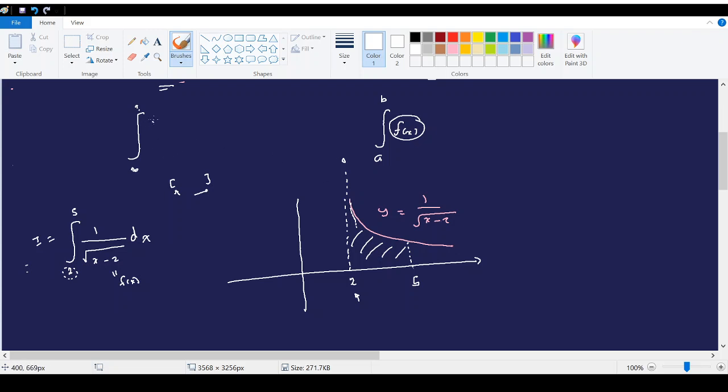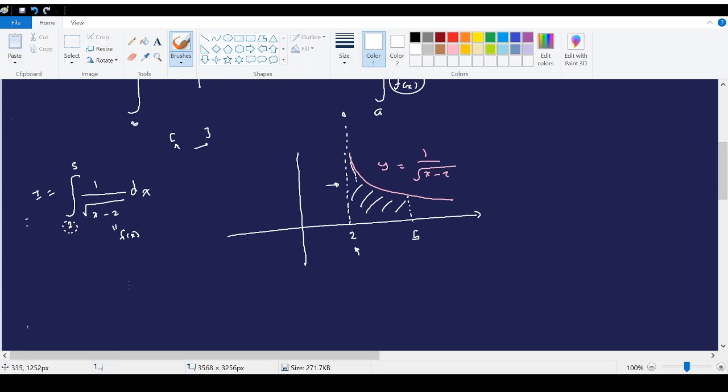Remember, for type 1 integrals we had an infinite range for the area in the horizontal direction, but here we will get an infinite range for the area in the vertical direction due to the vertical asymptote. Okay, right. So how are we going to find the area, or how are we going to evaluate this integral of type 2?